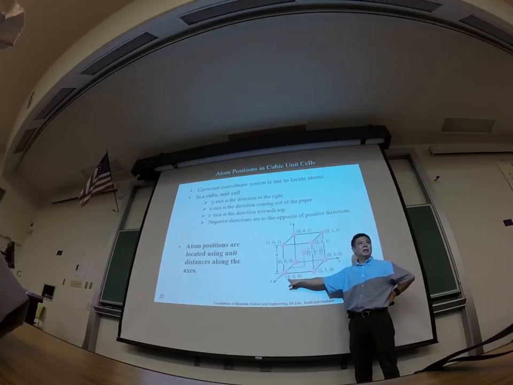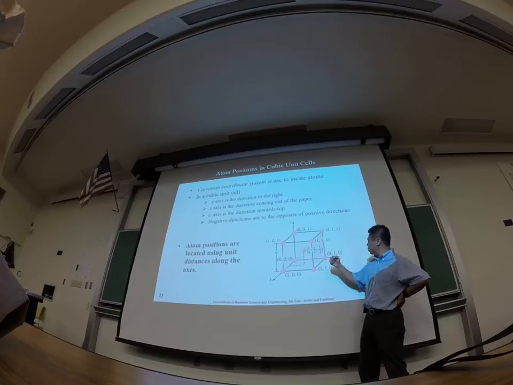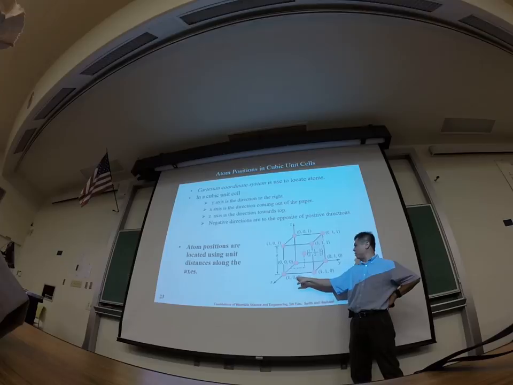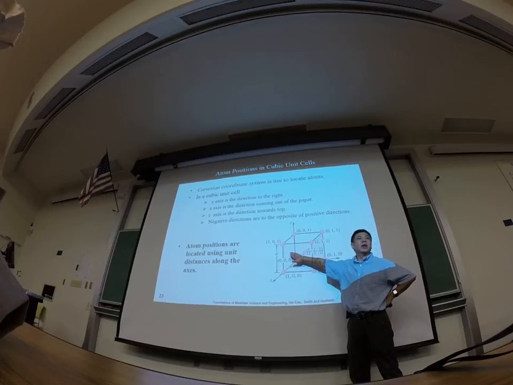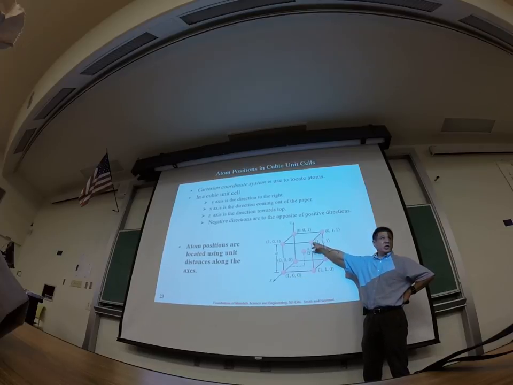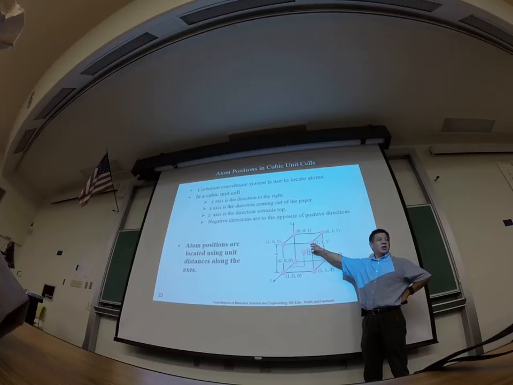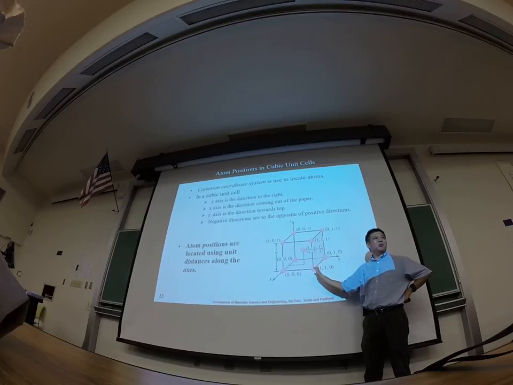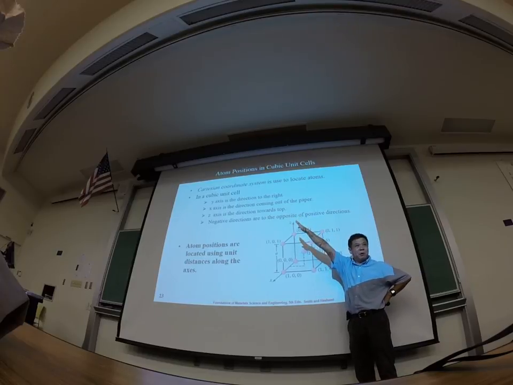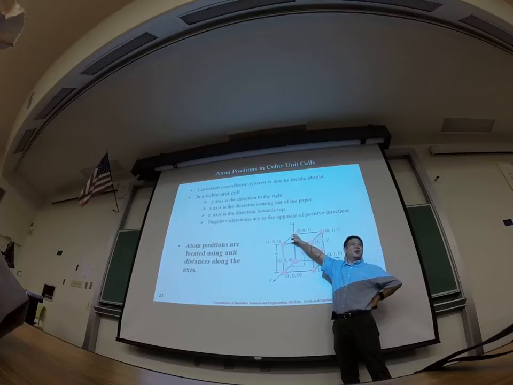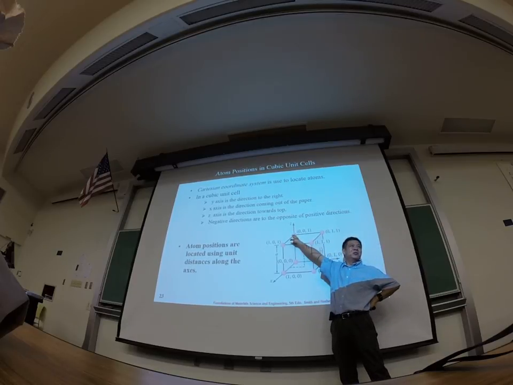So we use 1, comma, y equals 0, z equals 0. Therefore this position is (1, 0, 0). This position is the projection along the x-axis 1, y-axis positive 1, z-axis positive 1, so this location is (1, 1, 1), right? This location is (0, 0, 1), because the x and y projections are both 0 and z is positive 1.